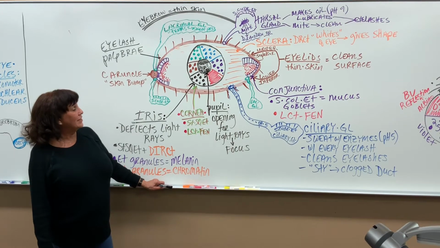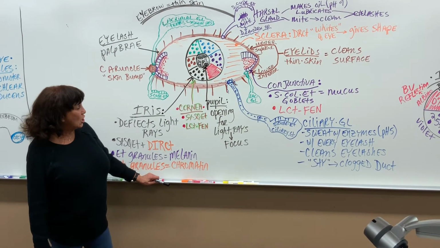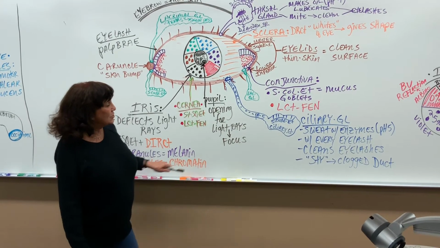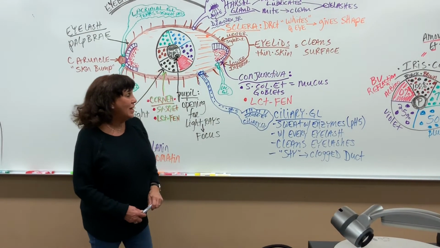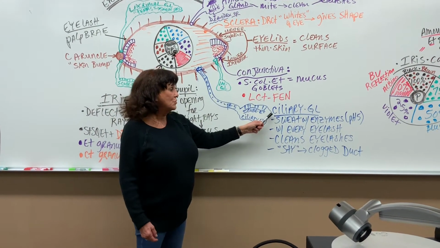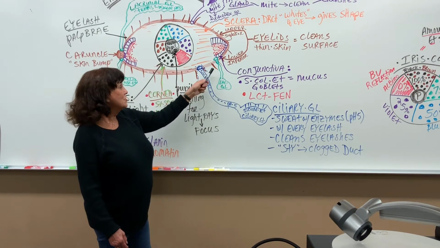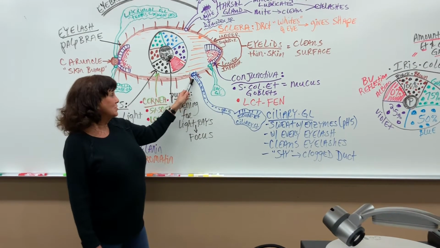All right, and then another gland is called the ciliary glands. Ciliary glands. And so cilia should remind you of hairs, and these are usually associated with your eyelashes right here. And so every eyelash will have one of these sweat glands.